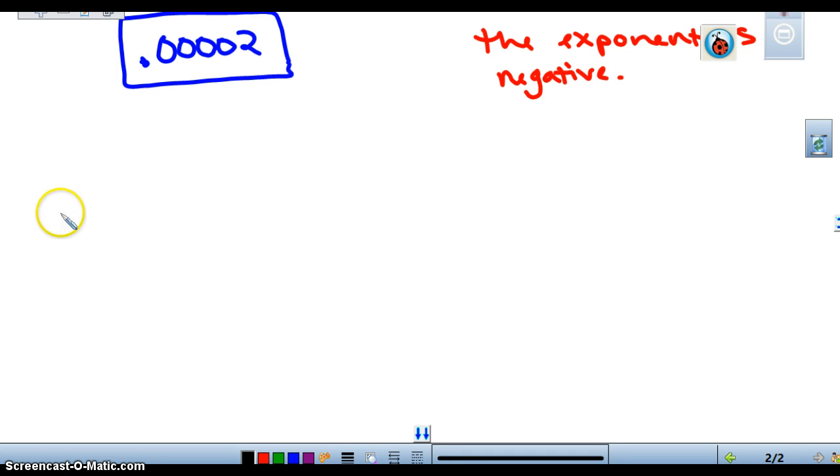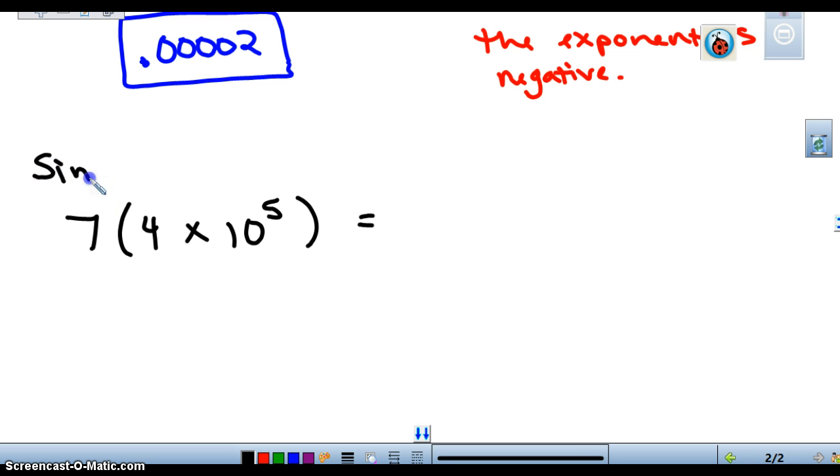Let's say we have to multiply 7 times 4 times 10 to the 5th power. How would we simplify this? Well, the only thing you have to do is multiply 7 times 4, right? You only distribute to the number. So what's 7 times 4? 28 times 10 to the 5th power.